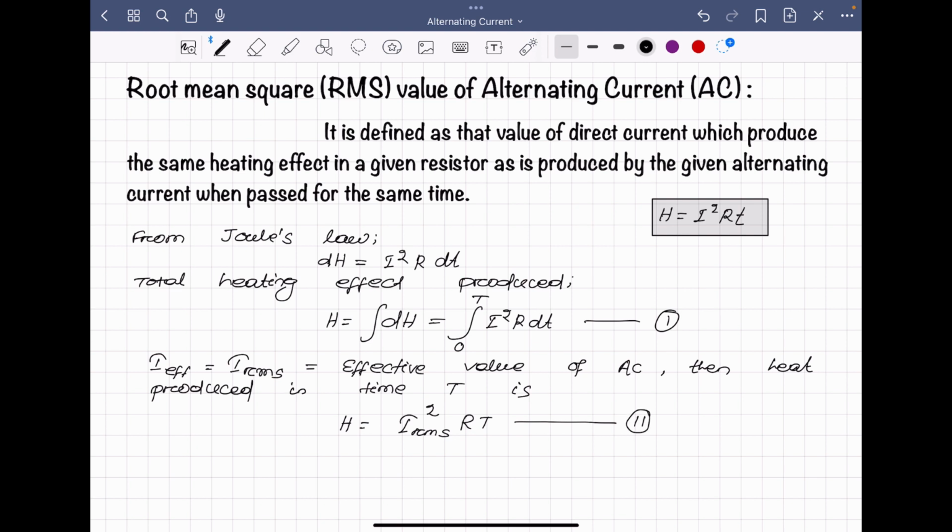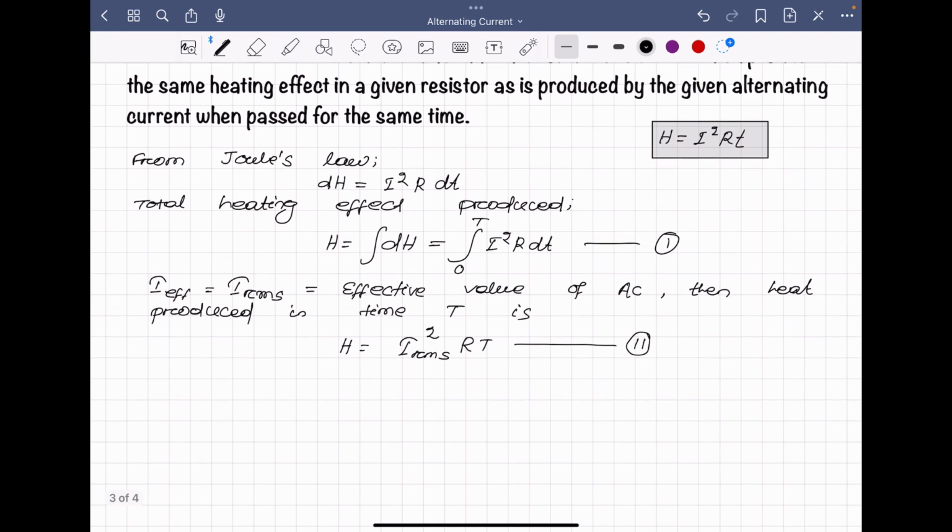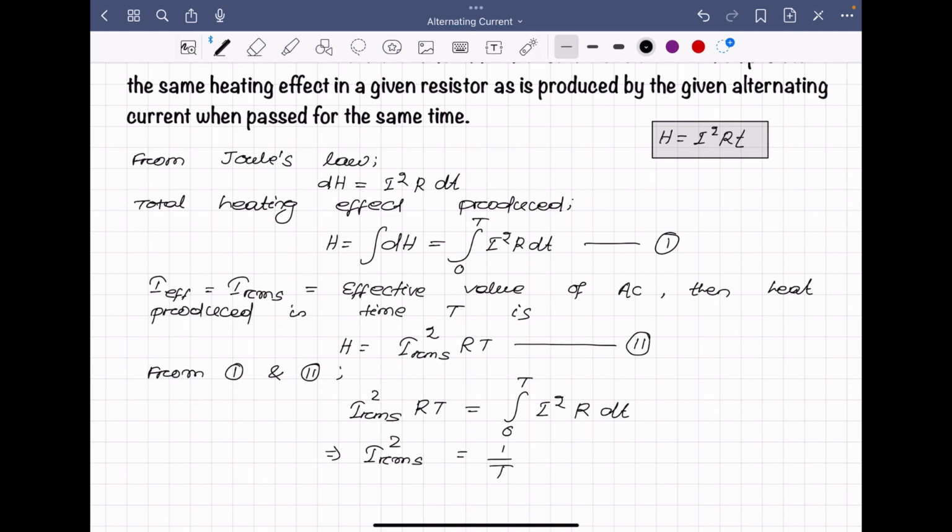Compare equation 1 and 2. Here you can get I RMS square R T, from 1 and 2, can be written as integration of 0 to capital T I square R dt. So our I RMS square becomes 1 by T, because R can be cancelled out, integration of 0 to T I square dt.